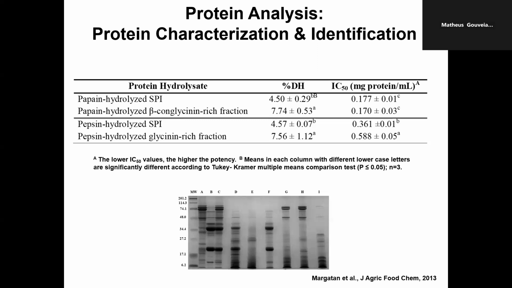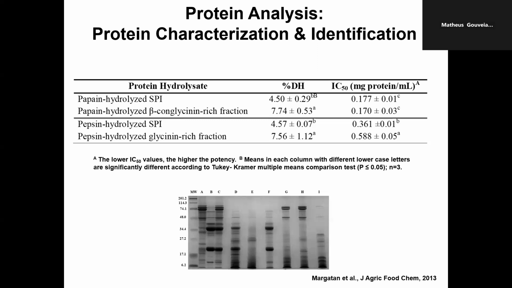So what I was trying to prove in this study is that if I use a particular enzyme that is very specific, I can get the same outcome without having to fractionate. Meaning I hydrolyze soy protein and get the same outcome as from hydrolyzing a purified protein. I was very optimistic, saying we don't need to fractionate. We can get the same outcome in a mixture. And that's what I was looking at.